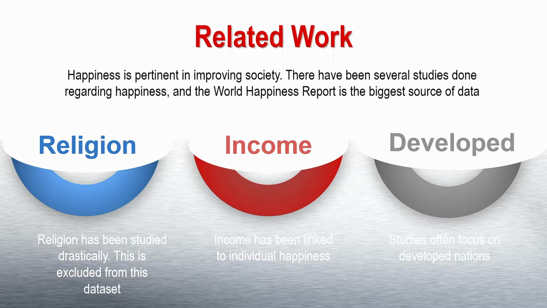Now that is one thing that is not covered in this data source, as there are no statistics on religion, so that would be interesting future work to think about. Income has been linked to individual happiness, and you'll see throughout this report that GDP, which is basically a measure of a nation's economic power, is also linked to happiness. So income and finance are definitely linked to happiness, and there have been many reports regarding that.